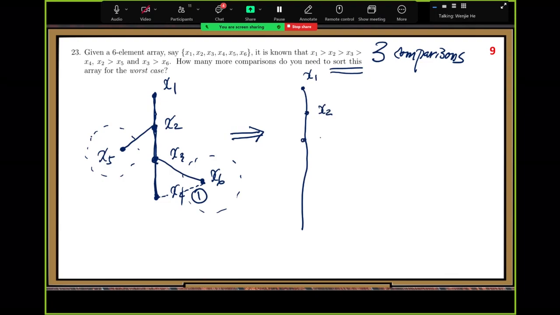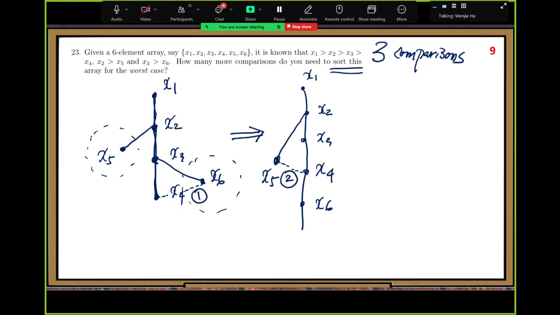x1, x2, x3. Let's make the assumption x4 is here and x6 is here, and x5 here. Then next, for x5, our second comparison is x5 and x4.